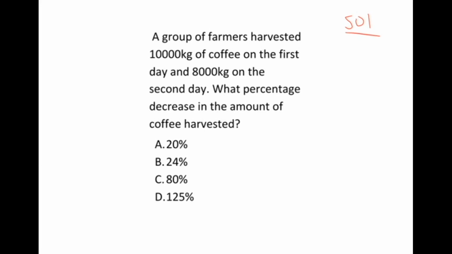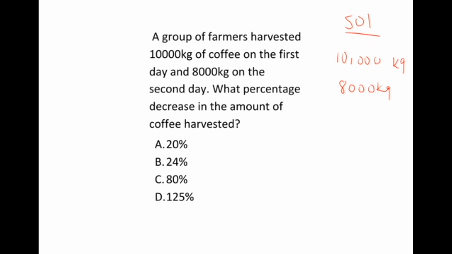The farmers harvested 10,000 kilograms of coffee on the first day, then 8,000 kilograms on the second day. Then we are asked what was the percentage decrease in the amount of coffee harvested.